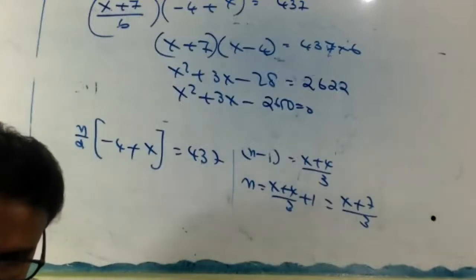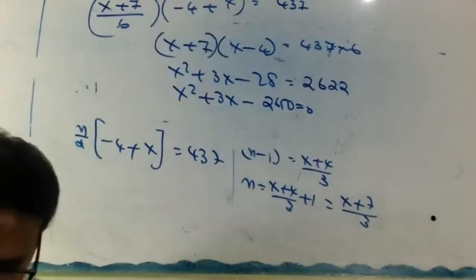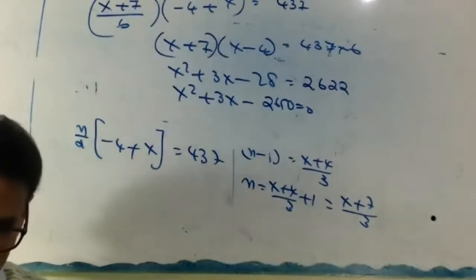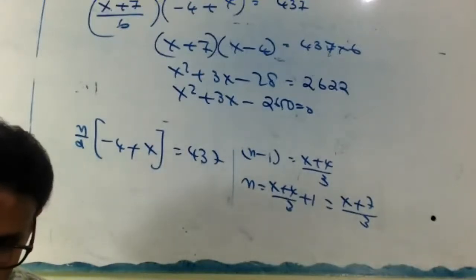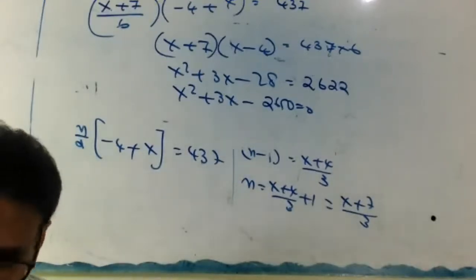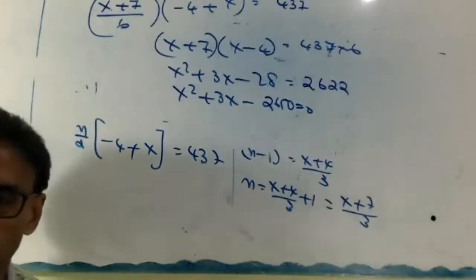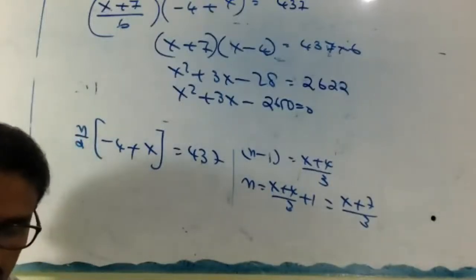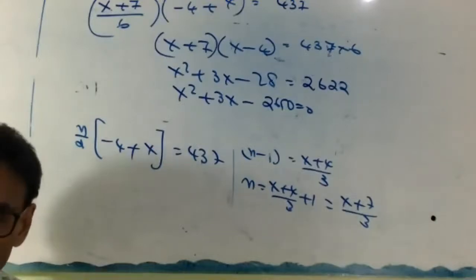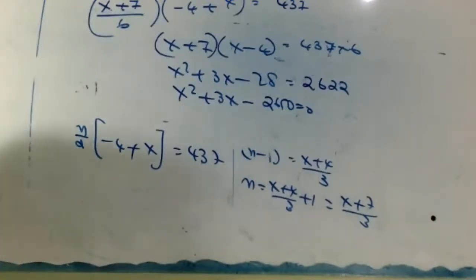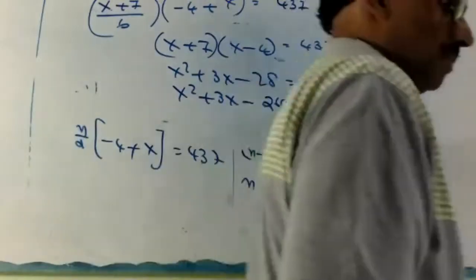Once again, find the sum of 11 terms of an AP whose middlemost term is 30. Okay, try now. We have to find the sum of 11 terms. Given is the middlemost term is 30. Okay, try now.